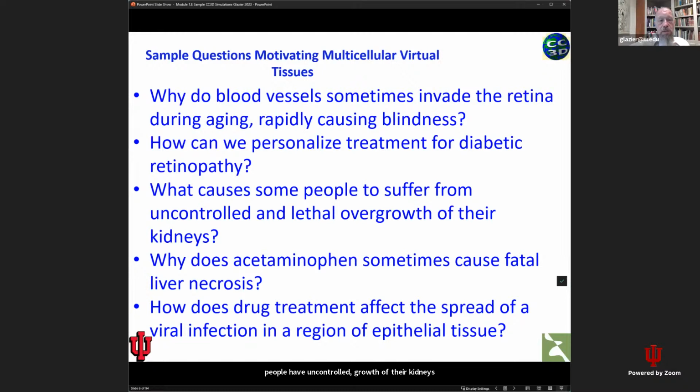And is there something we could do about it? Why does acetaminophen, paracetamol if you're in Europe, sometimes cause fatal liver disease? Or why does a drug affect or control or not control the spread of infection in a tissue?